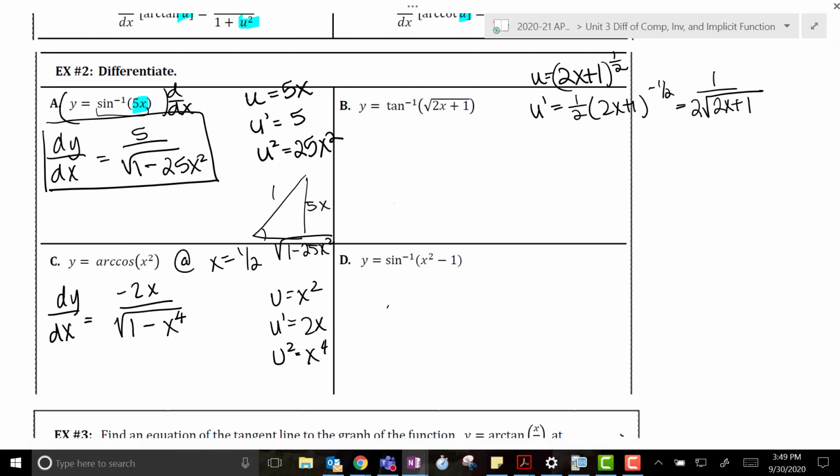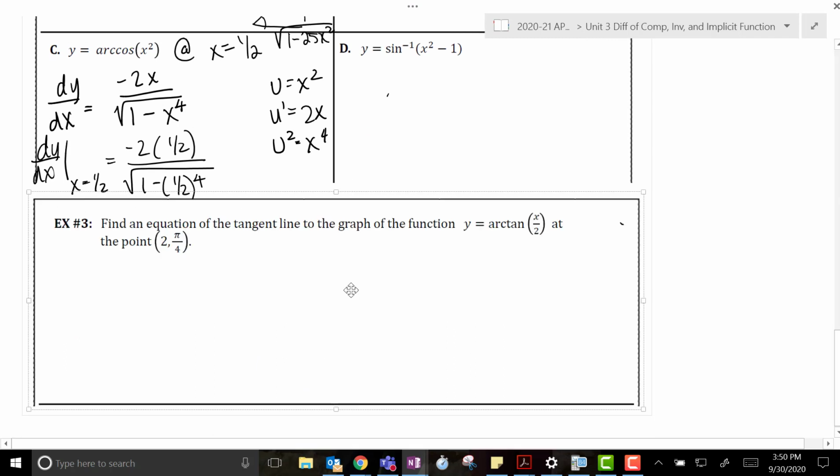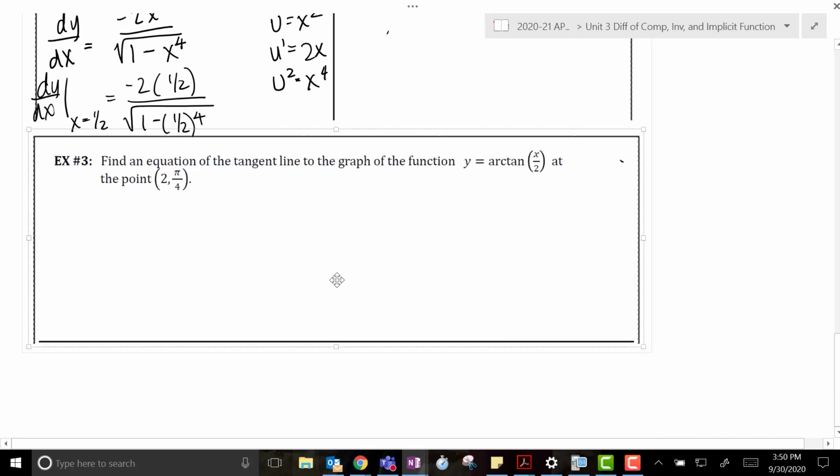But since we're evaluating at x equals 1/2, I'm just plugging in that 1/2. So at x equals 1/2, we have negative 2 times 1/2 over the square root of 1 minus 1/2 to the 4th. I ran out of room here, so let's move this out of the way.